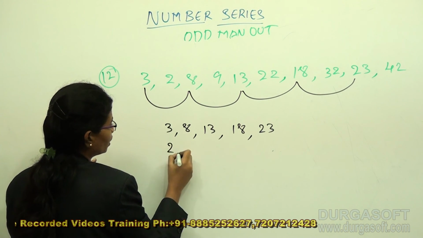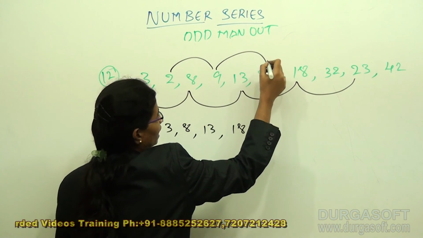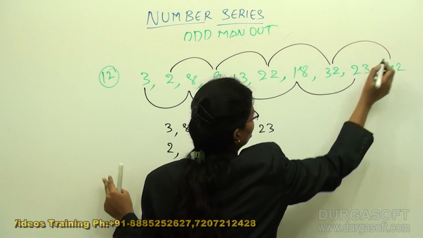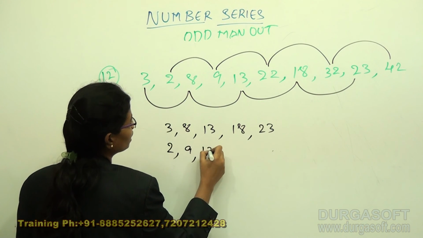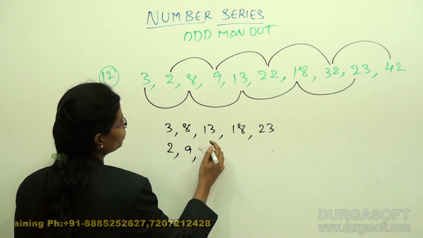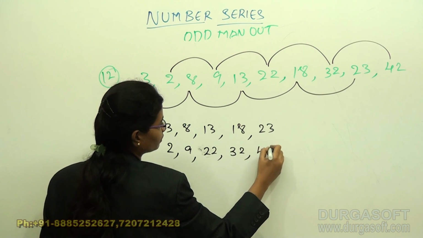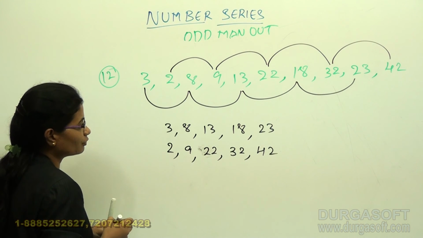The leftover series is 2, 9, 13, 22, 32 and 42, right? So there is a different logic followed here.